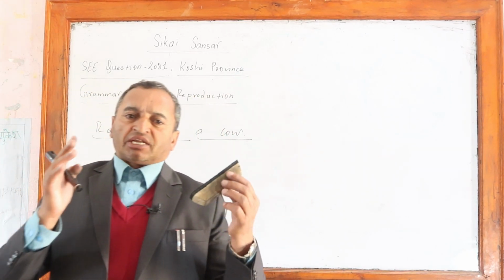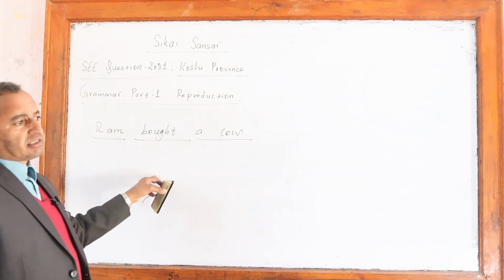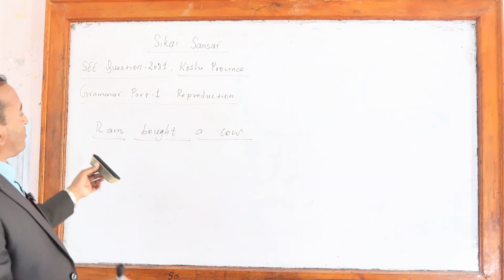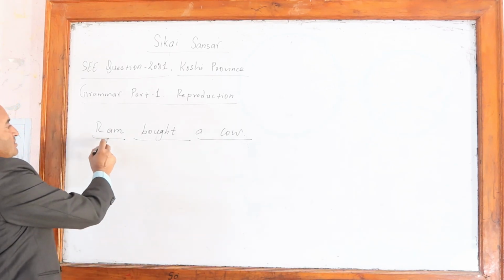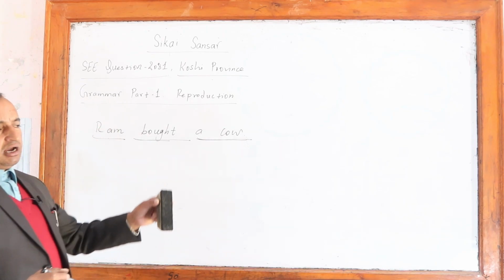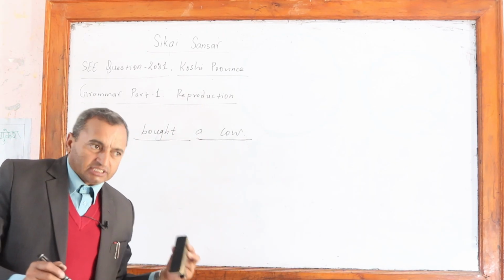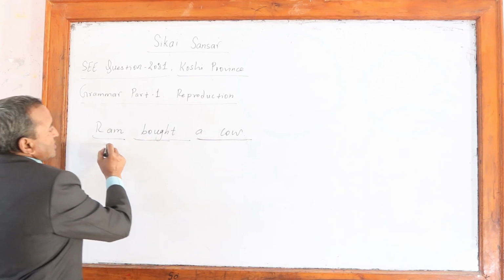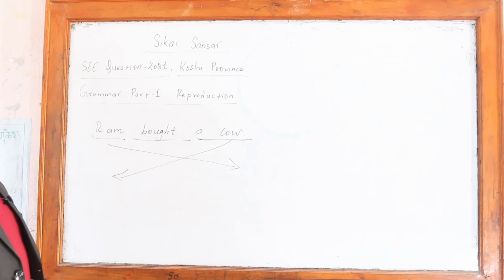Earlier there was present perfect. So let's be clear about the tense and how the voices are changed here. What is the subject? Ram is the subject, "bought" is the verb, and a cow. As I said earlier, the subject goes to the object and the object comes to the subject.